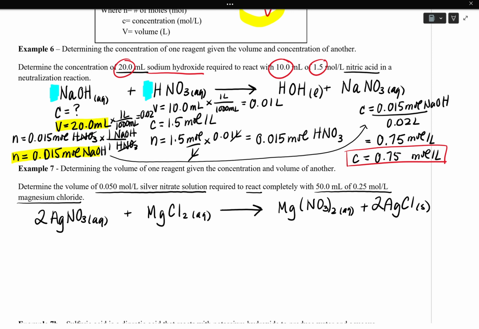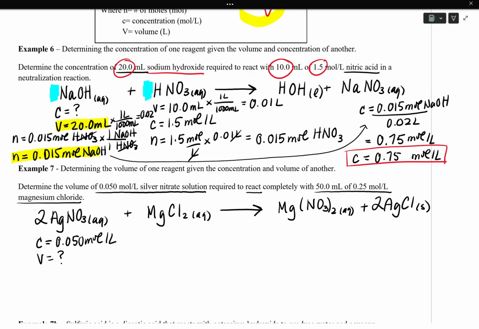Okay, so let's take a look here. They told us that we have a concentration of silver nitrate, which is 0.050 moles per liter. We want to determine the volume of that silver nitrate, so that's our question mark.